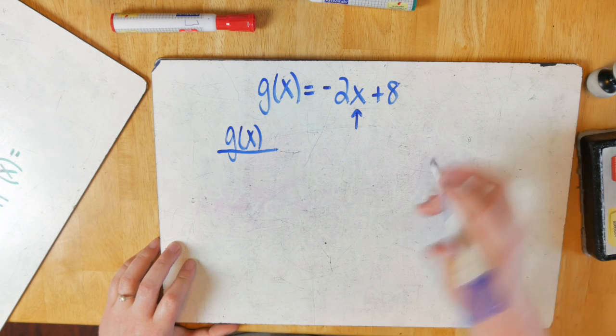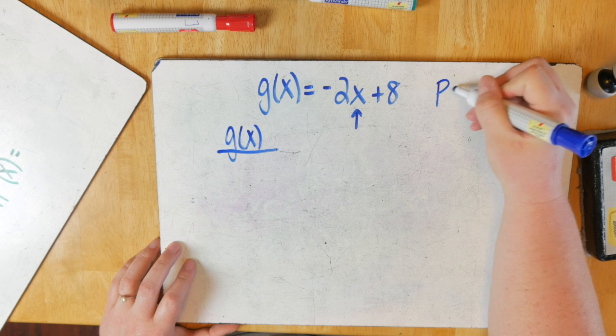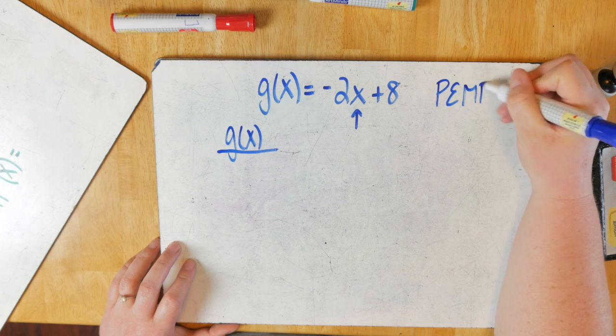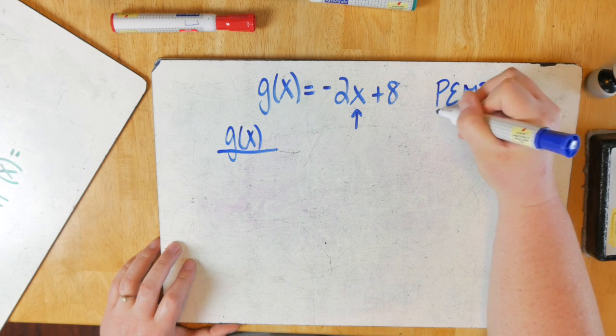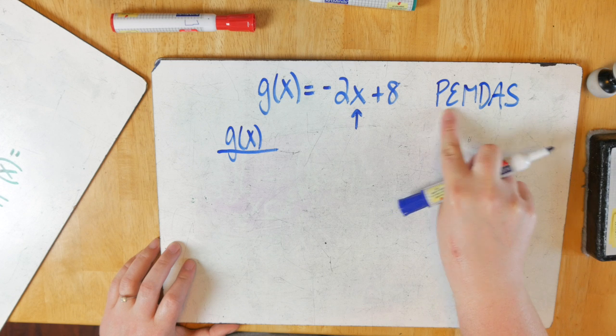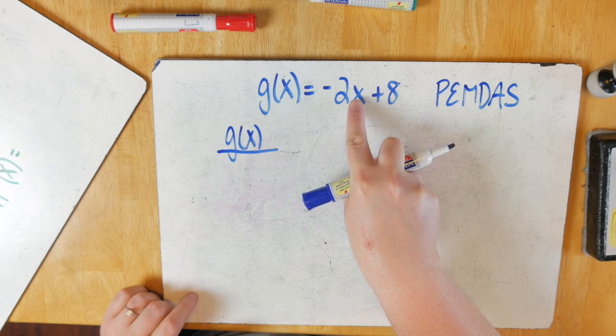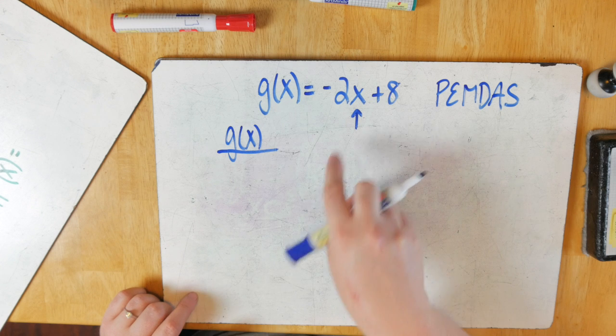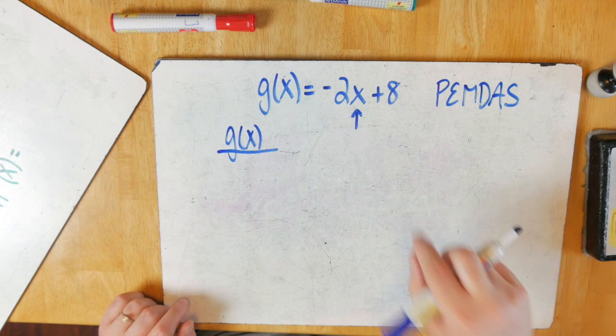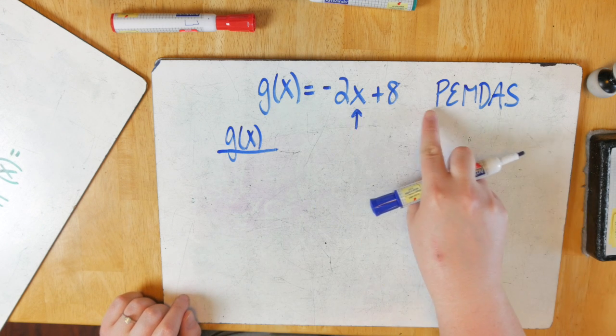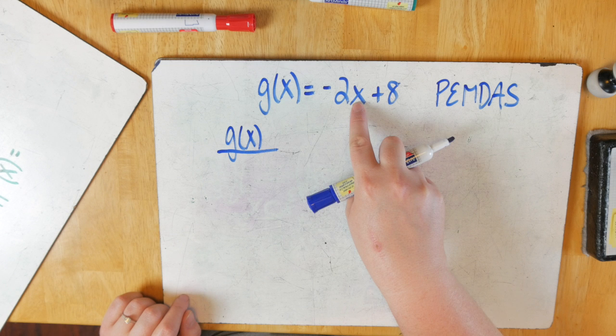And to do this correctly, we need to be very aware of order of operations, because order of operations does cause certain things to happen to x first or second or last, based on what operations are taking place when we would plug something into x.